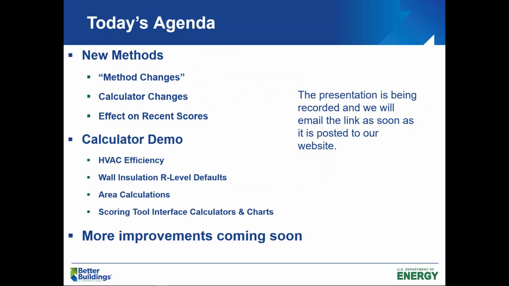So today's agenda, we're going to talk about what I'm calling method changes: some changes in the way we use the calculator and how we assess some of our house characteristics. We're going to show you those calculator changes, what you might do if you've got concerns about recent scores, and then we'll show you some screen captures.